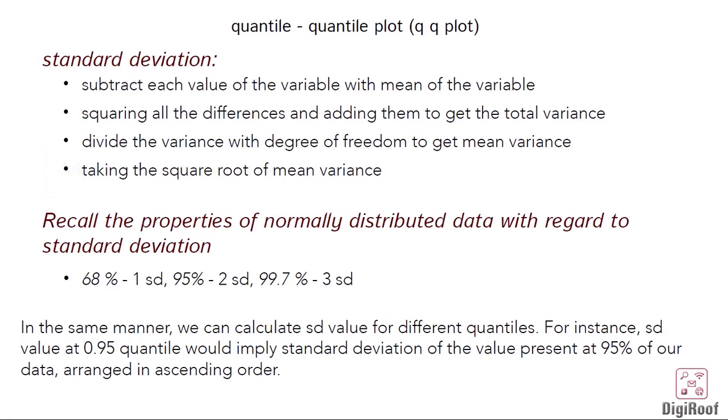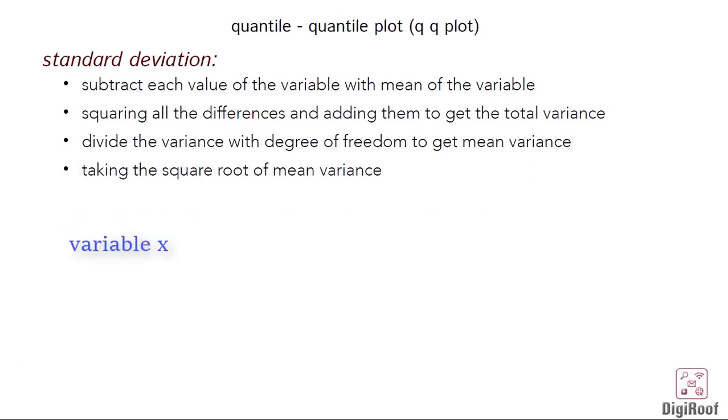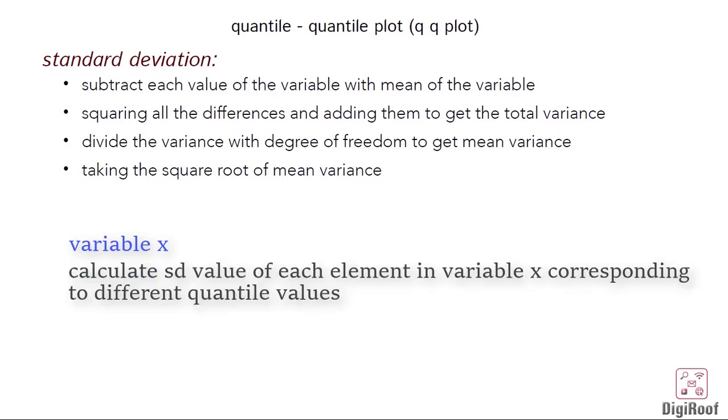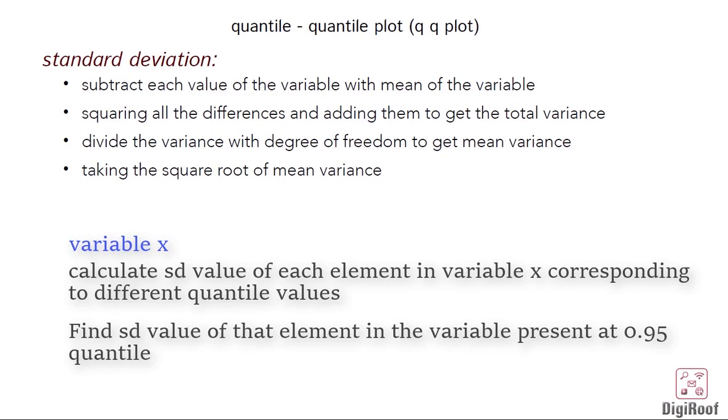Now let us get to the main point. Let's say we have a variable that is needed to be included in the regression model. We can calculate standard deviation of each of the elements present in this variable that corresponds to a given quantile. For instance, I might be interested in finding the standard deviation value of that element in this variable which is present at 0.95 quantile.